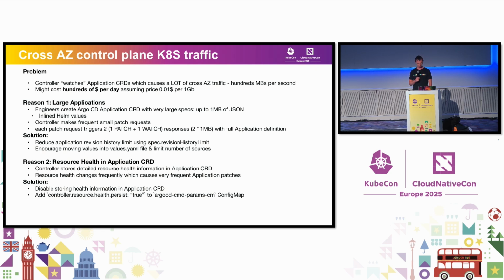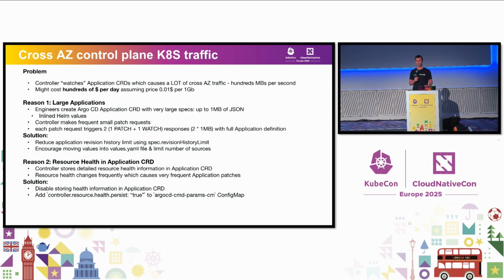What we learned is that we observed video streaming like traffic between the application controller and the control plane cluster. I wanted to highlight that it had nothing to do with how Argo CD is implemented. It uses the very traditional approach of how all controllers in Kubernetes are implemented.